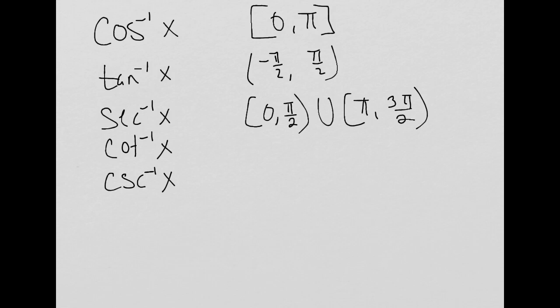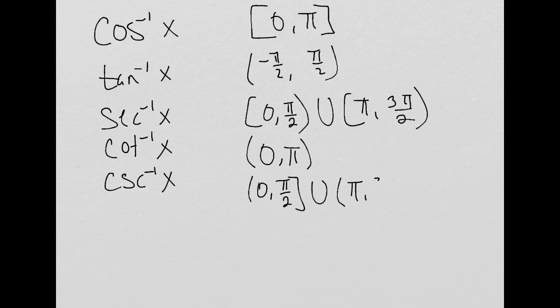The cotangent has similar behavior to the tangent, but because it's going to follow the same pattern as the cosine, the same way tangent follows the same pattern as the sine, we're going to get a domain from 0 to pi there. And the cosecant is going to follow along similarly to the secant, 0 to pi over 2, and pi to 3 pi over 2.